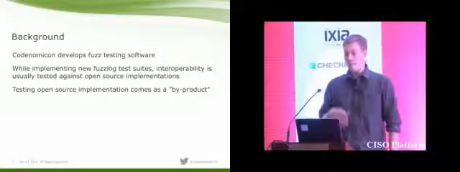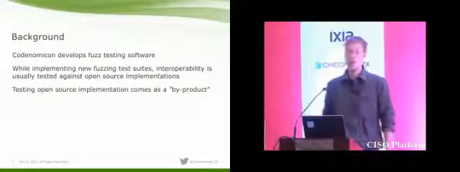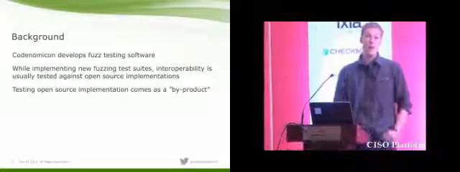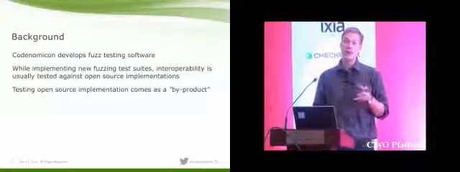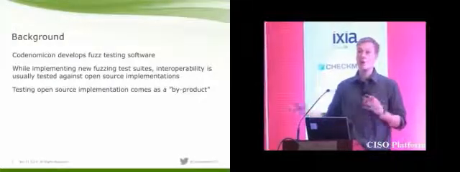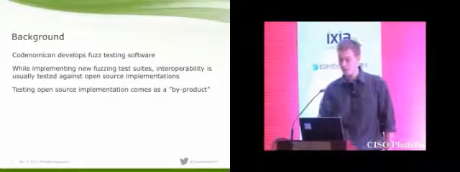And at the same time, as a byproduct, we come to fuzz test those open source implementations too. And if we find something there, we report it upstream. So we are also helping the open source community at the same time.